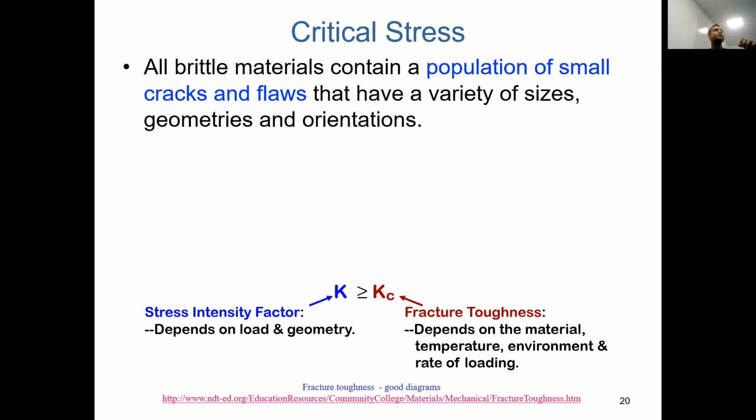I can change the geometry shape and apply the same load, same material, and it will fail at less stress. Kc is the fracture toughness. It depends on various factors: the material, temperature, environment, and rate of loading. Rate of loading means you apply a sudden loading or a uniform loading.